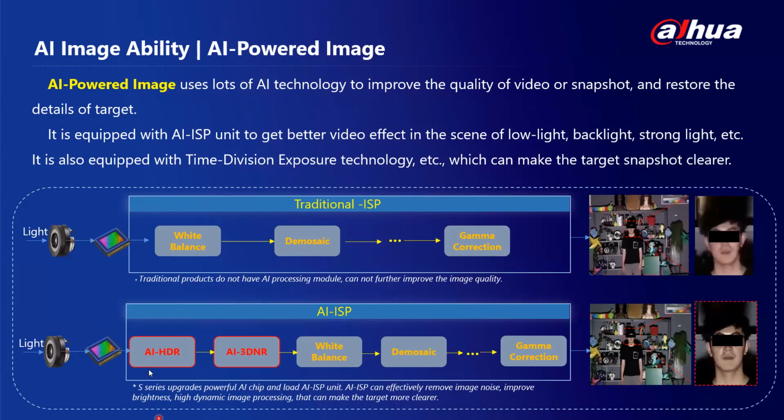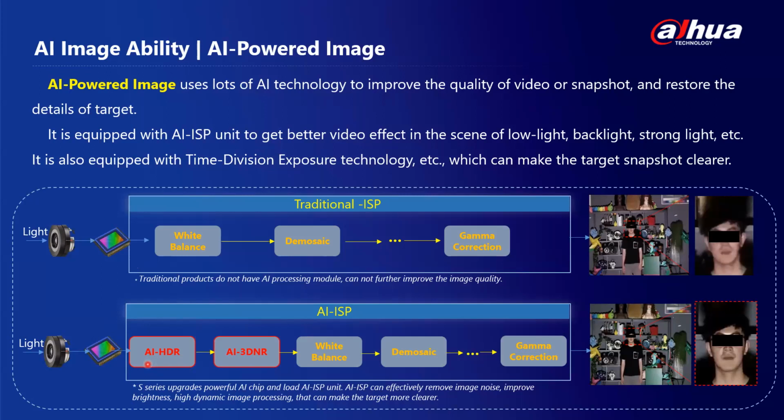So this uses what you call the artificial intelligence high dynamic range. That's basically meant to do image enhancements just to give it more quality, like we need to have it.